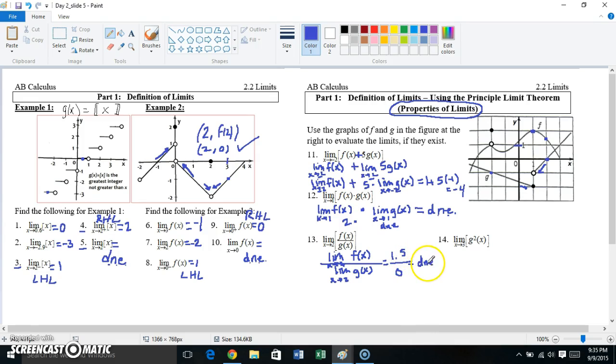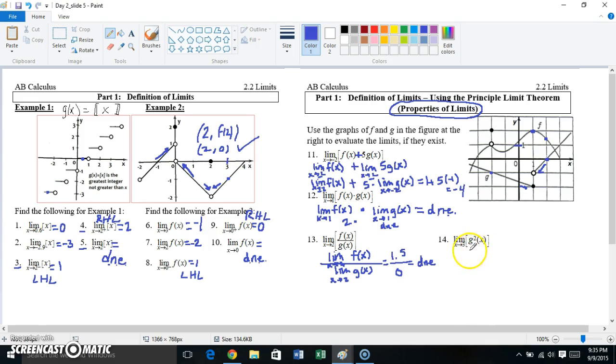So this limit does not exist. Or does it? No, it's not going to exist, right? I could say the limit exists from the right or from the left, but not from both directions.